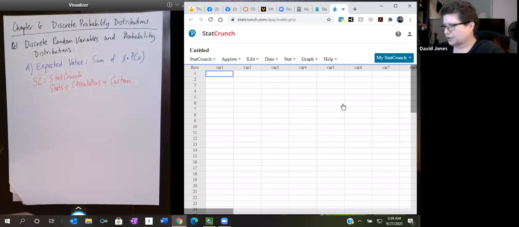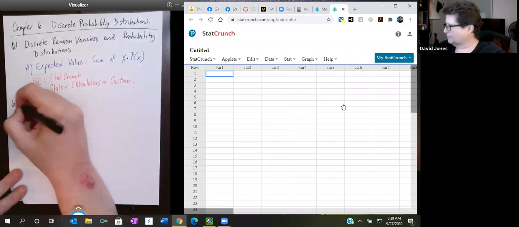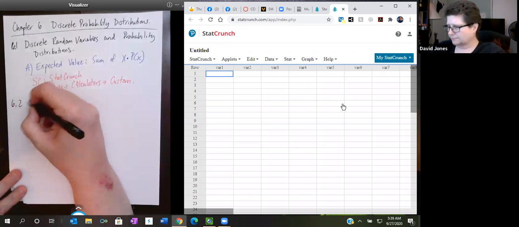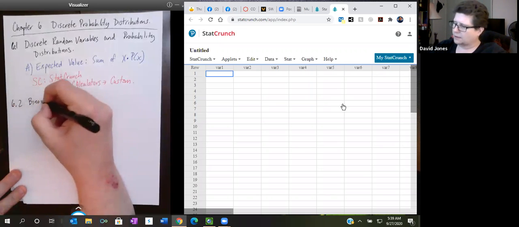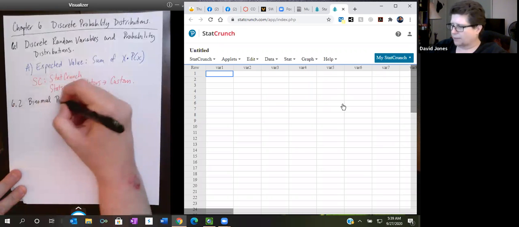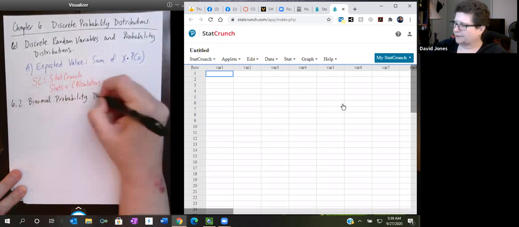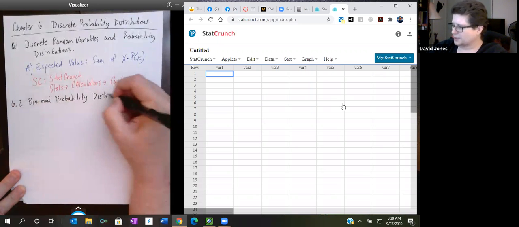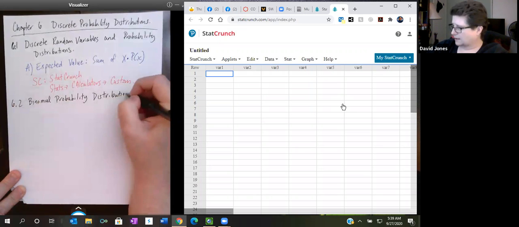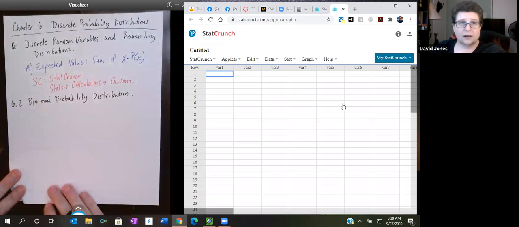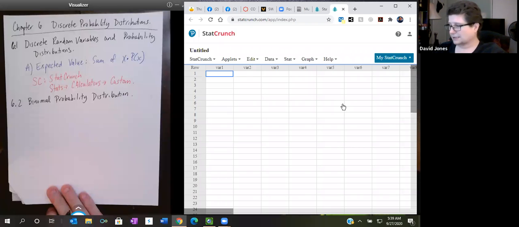Then we get to 6.2. 6.2 is on the binomial distribution. Binomial probability distribution, to be specific, but often we just say binomial distribution. Important takeaways from this.